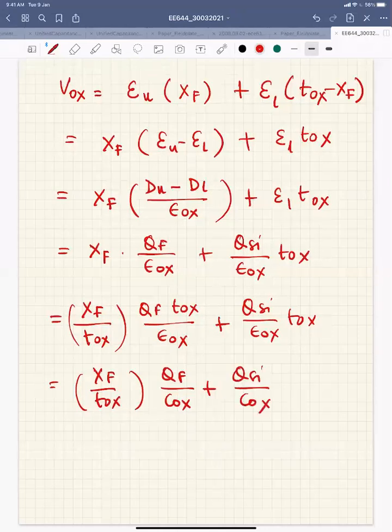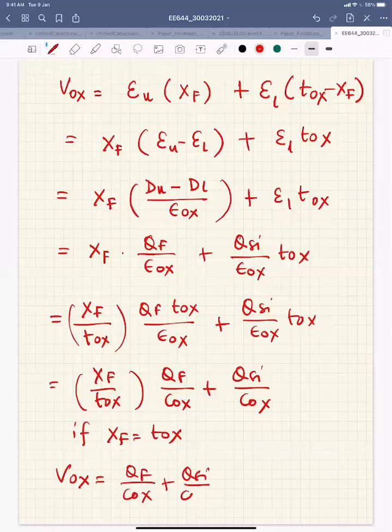So here you see the voltage drop in the oxide. Now this changes with QF, and it also depends on where this QF is located. If XF equals Tox, that is, if the charge is located at the interface, as we did earlier, then your oxide voltage drop will be QF by Cox plus Q silicon by Cox.